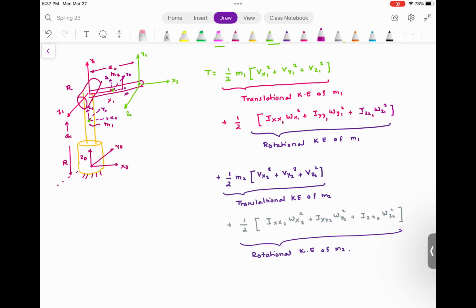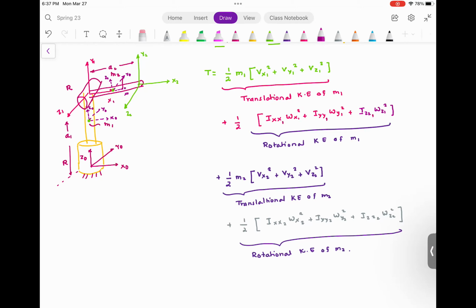I differentiate that px1, I get vx1. I differentiate that py1, I get vy1. I differentiate pz1, I get vz1. Everyone understood this? So that is the first part.